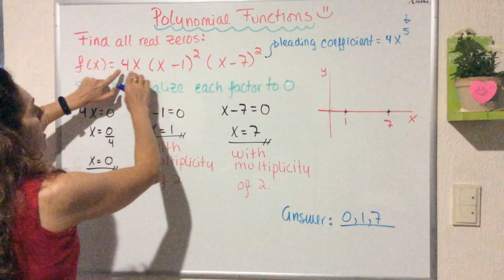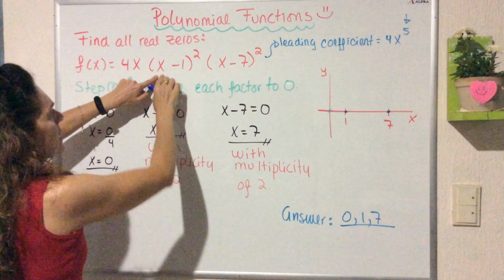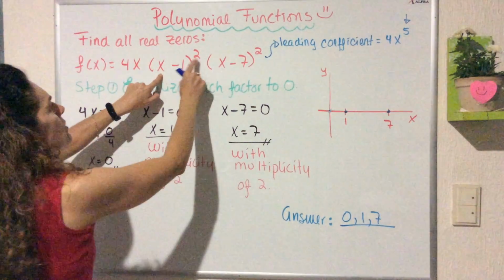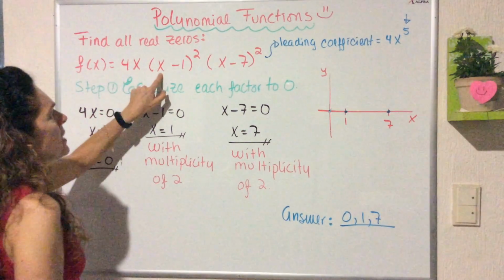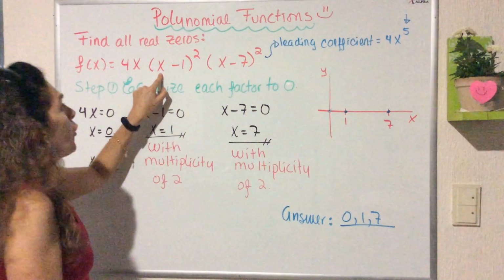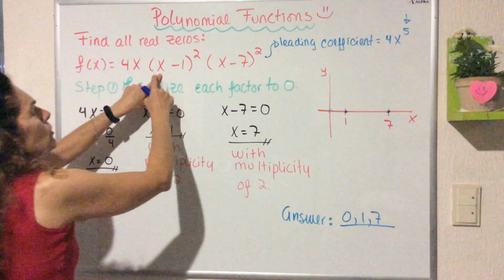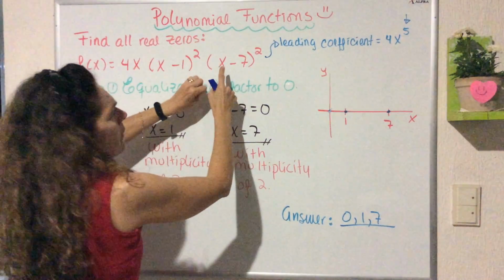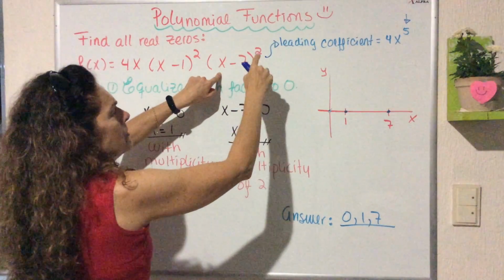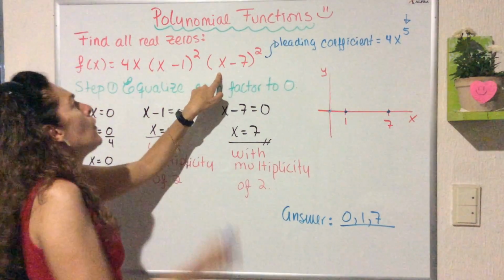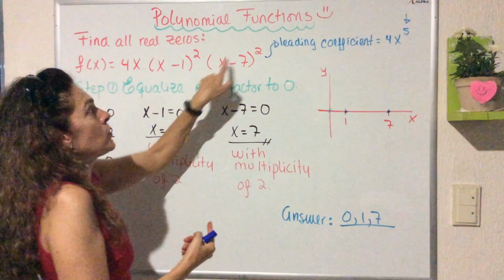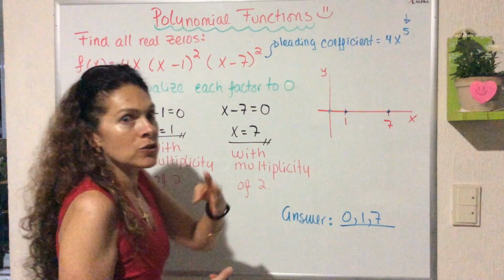If we multiply x times this x, careful, because this x is raised to the second power, so x times x squared is x to the third, and then 4x to the third times x to the second is 4x to the fifth.